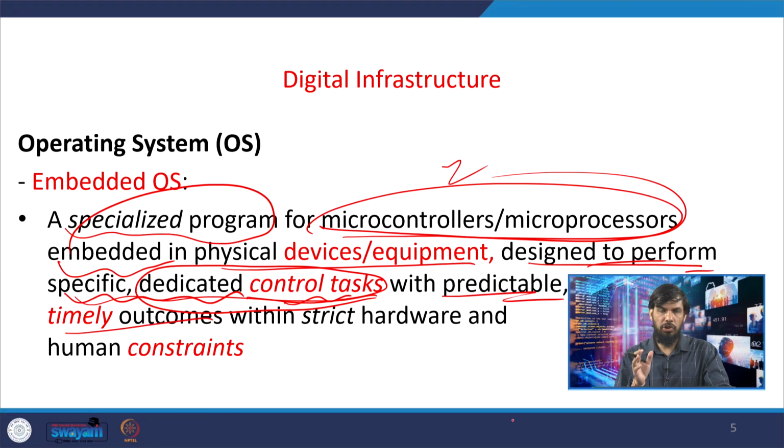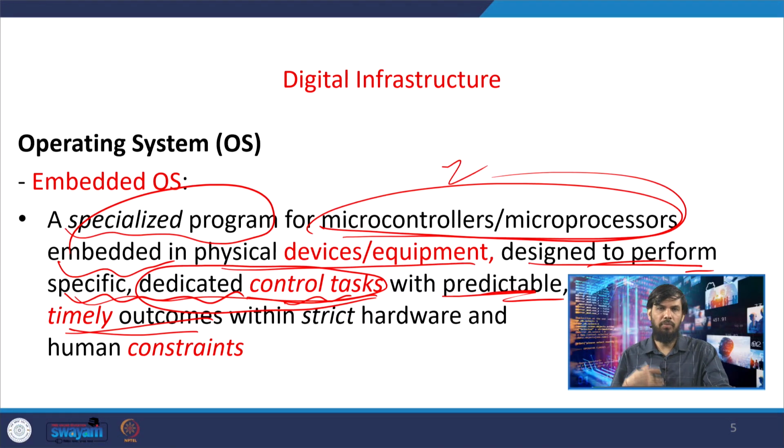So you switch on something, you make a change, and you restart the appliance, and you want that function to operate immediately. So predictable timely outcome. In a general purpose PC and its operating system, we do certain tasks and it takes its own time, because the CPU might be busy with another process.